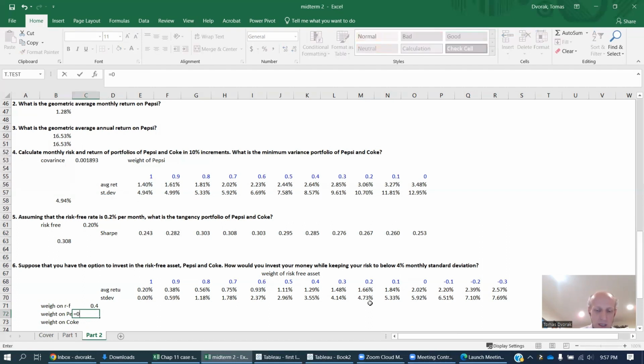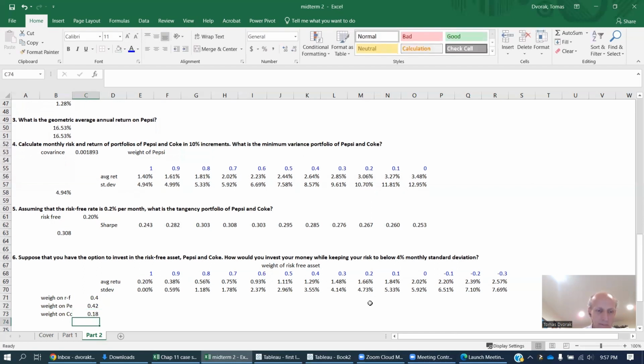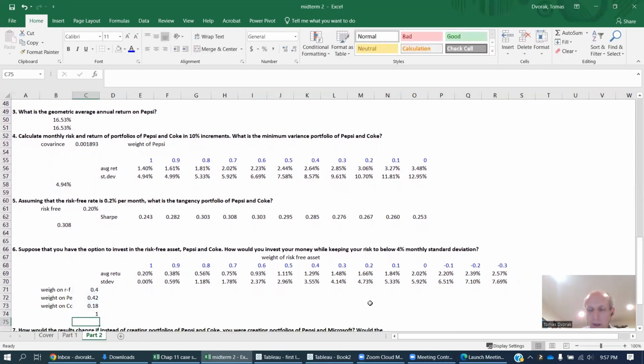So that will be 0.7 times 0.6. That's 0.42. And on Coke, the weight on Coke has to be 0.3. So Coke gets a 30% of that 0.6. That gives us 0.18. What does it add up to? It adds up to 1.